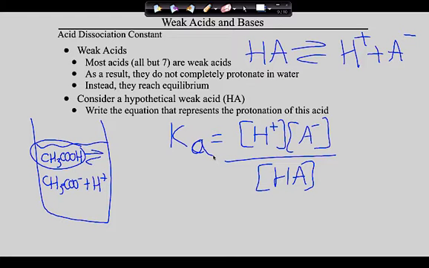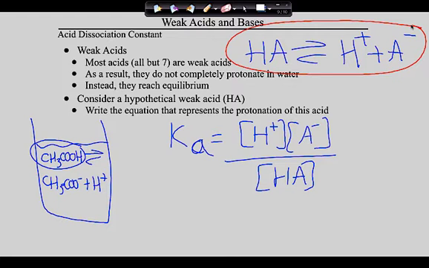So, guys, what does Ka tell you? Well, let's go back and look at the original chemistry. So, guys, this is the equation that we're looking at. So, what does the value of Ka actually tell us? Not quite percent, but you're close. What is it? Don't use the word percent, but what is it telling us?